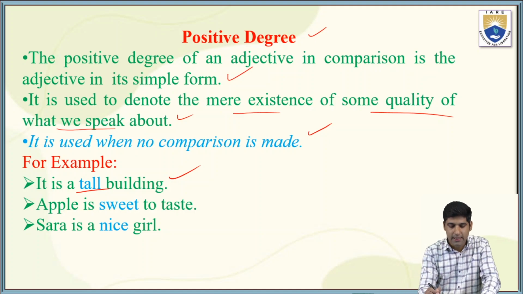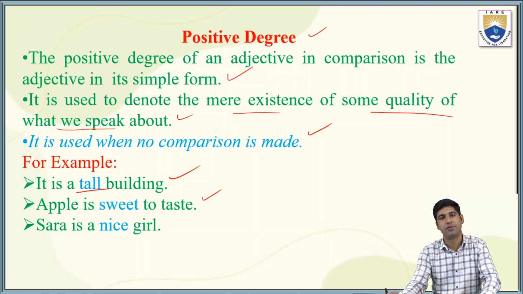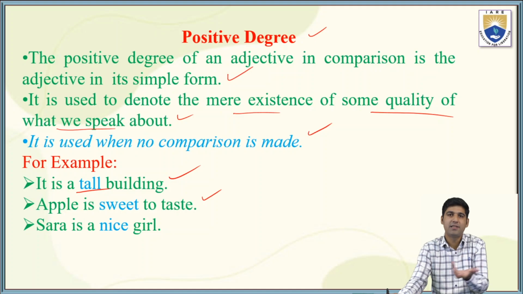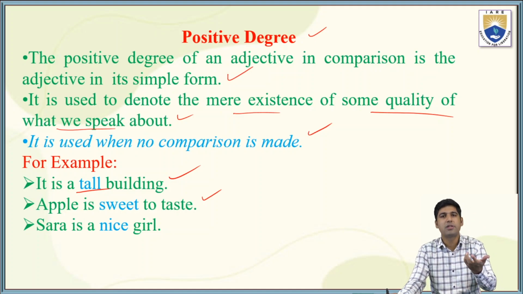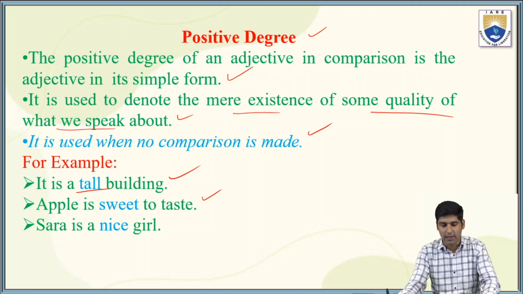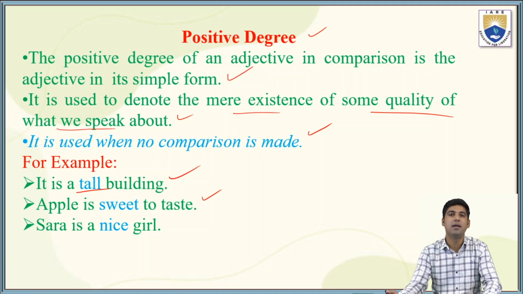Like the example: apple is sweet to taste. Apple, it's sweet. It is the mere existence of a quality of apple. I talk about some quality of apple. But I'm not telling you apple is sweeter than mango or than pear. No, I'm not telling you that. Then, Sarah is a nice girl.